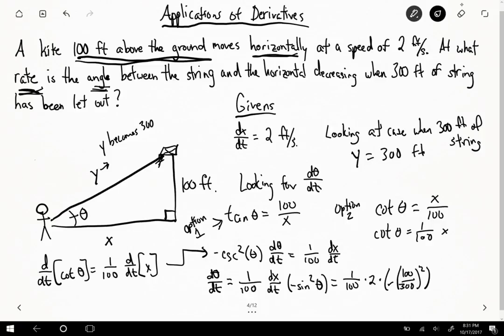And so what we'll get is, I'll try and fit it in here. You'll have 2 times 100 over 300 squared. And I forgot one little thing, that negative symbol right there. And this should be in terms of what? What is our label?